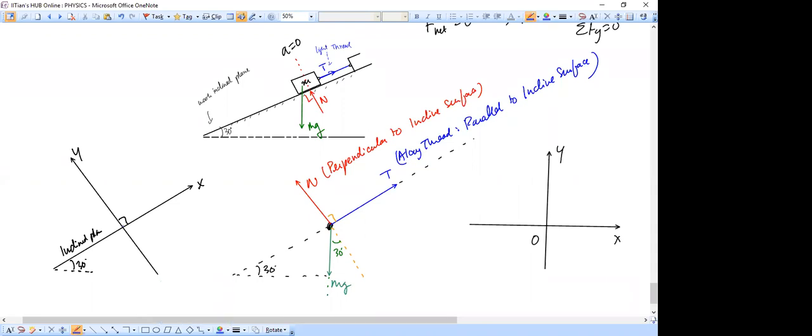So directly the tension is acting like this. Okay. Directly the normal reaction is acting like this, and only mg has to be resolved. So mg, which is acting vertically downwards, where this angle is 30 degrees, this is the only force which now has to be resolved. Okay.